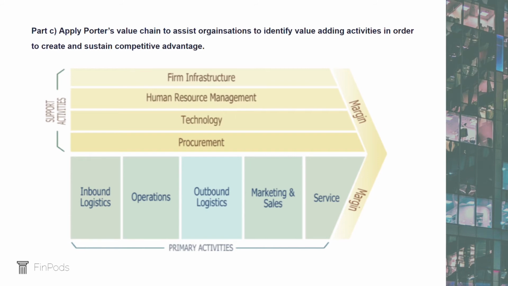The margin is the excess the customer is prepared to pay over the cost to the firm of obtaining resource inputs and providing value activities. It represents the value created by the value activities themselves and by the management of the linkages between them.